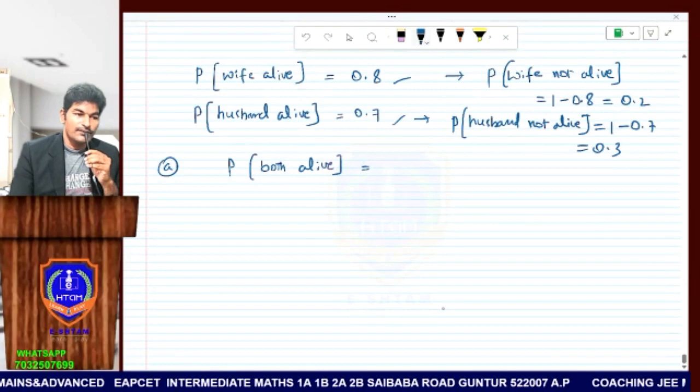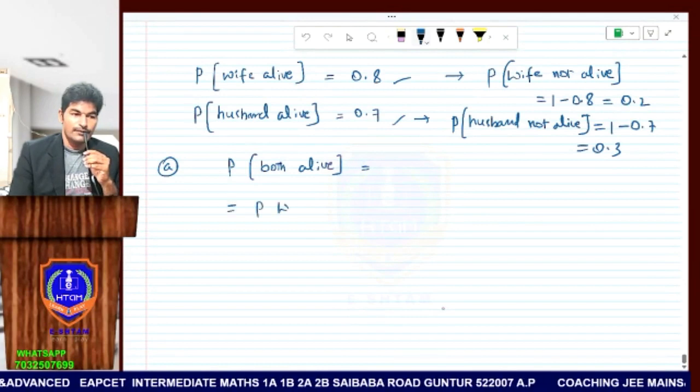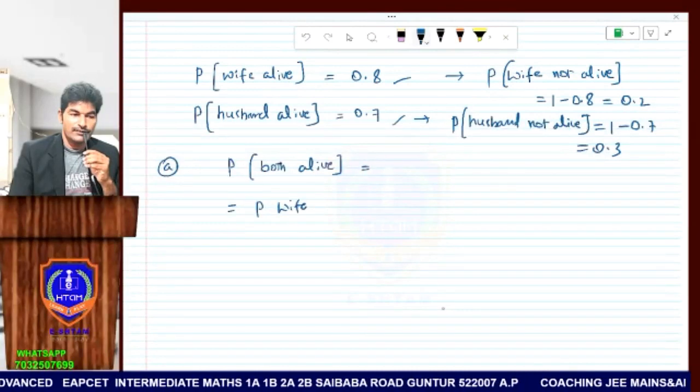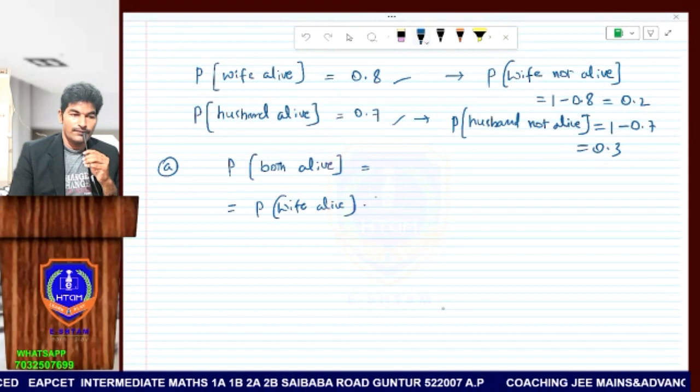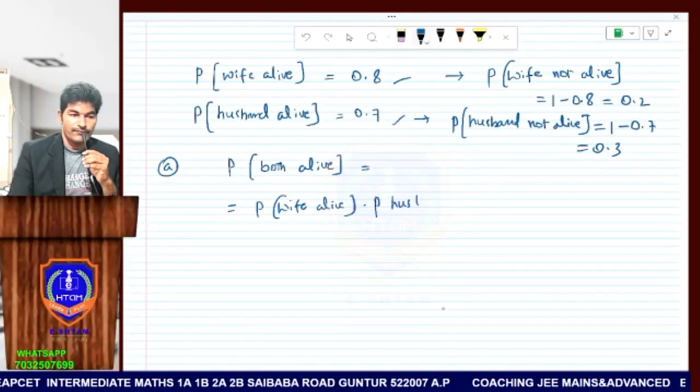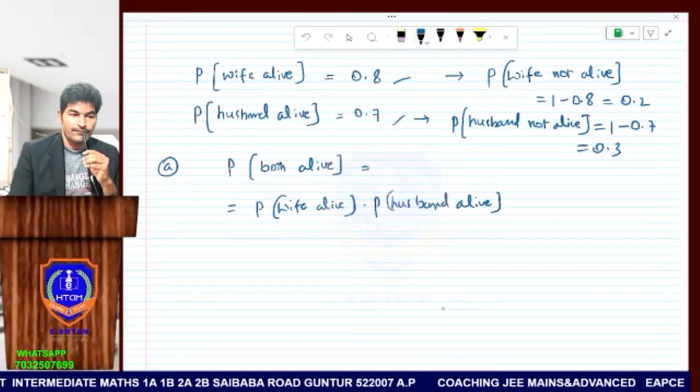But here the question is saying both alive. Both alive means both persons alive, that means wife alive and also husband alive.